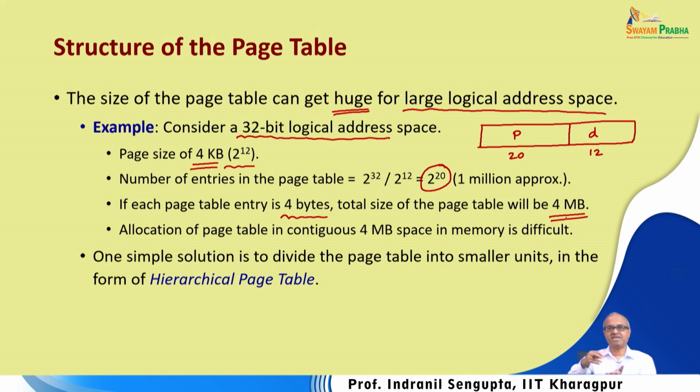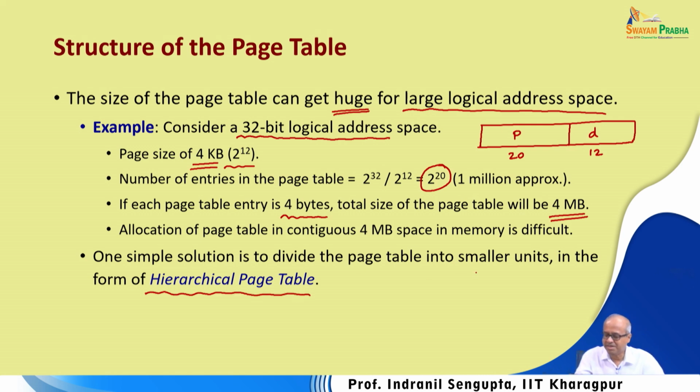Normally, for fast access, the page table needs to be stored in a contiguous place in memory, but getting a 4 megabyte contiguous space in memory may be difficult. So, the question is, how do I store the page table then? The way page tables are stored in modern day computer systems is that instead of storing it as a single unit, you store it in a hierarchical fashion.